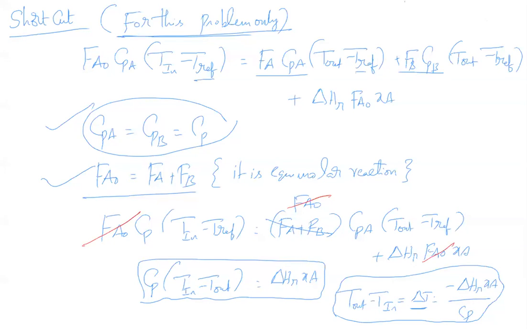That is how Cp of A and Cp of B are given. I'll show you the next problem where Cps are different, but T reference will cancel.